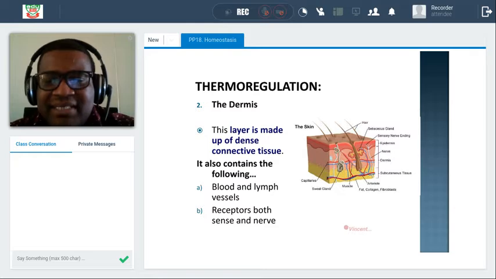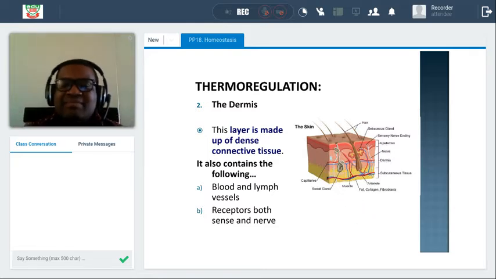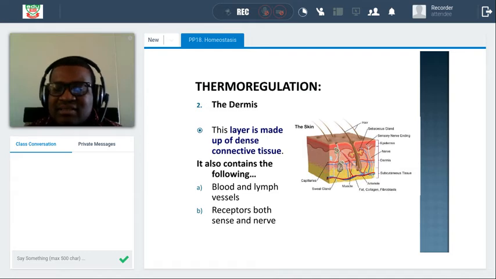Now we go to the dermis, the inner layer. This layer is made up of dense connective tissue. It also contains blood vessels, lymph vessels, receptors for the senses, and the nerves.